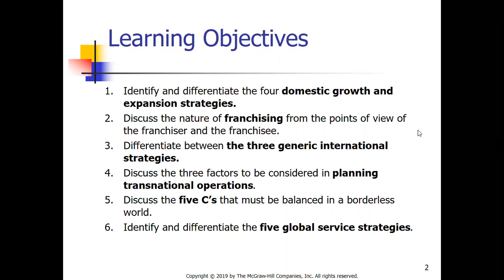And then the 5 C's that must be balanced in a borderless world: looking at the current accessibility of customers towards the firm itself, and also towards the current trend or innovation offered by the company. So with the borderless world, all information is easily accessible. And then identify and differentiate 5 global service strategies.